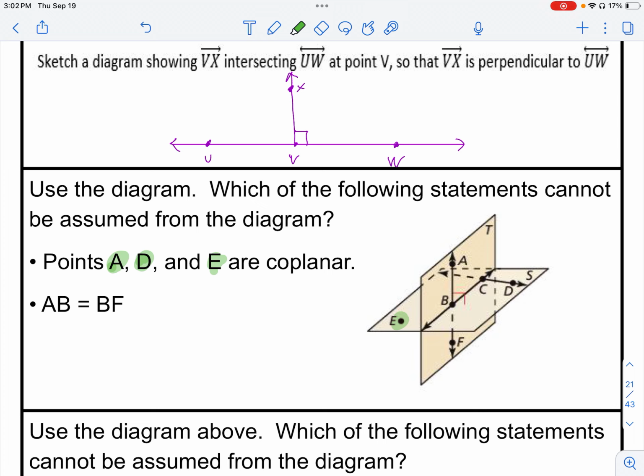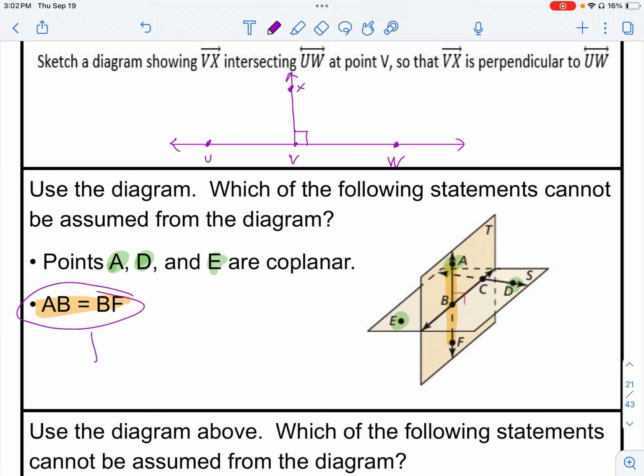Here's E, here's D, and here's A. Well, I know from the three-point postulate that any three non-collinear points are on the same plane. And then we want to evaluate AB equals BF, which is right here. Nothing to indicate that those are congruent or what the lengths are.